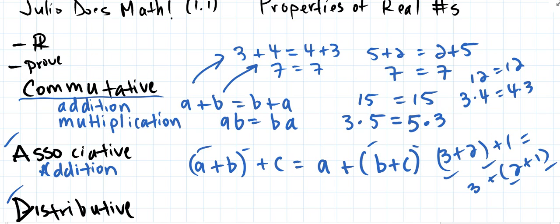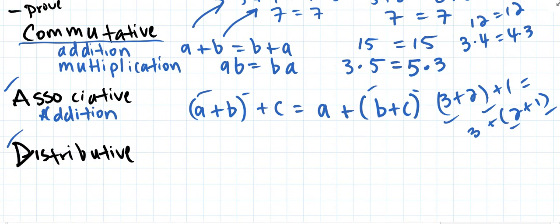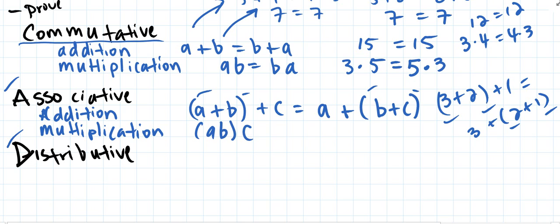Then you have multiplication. The associative property of multiplication says the quantity a times b, times c, is the same as a times the quantity b times c.